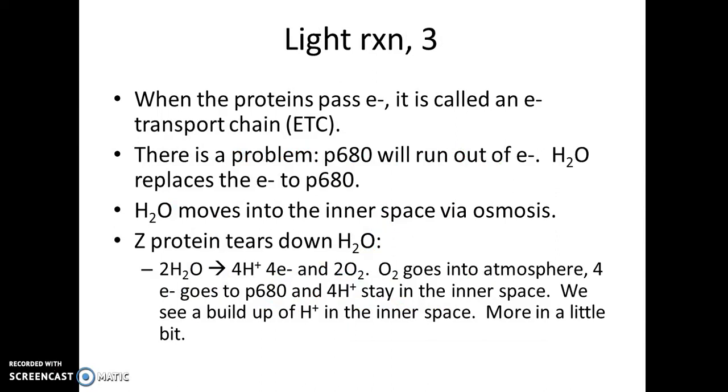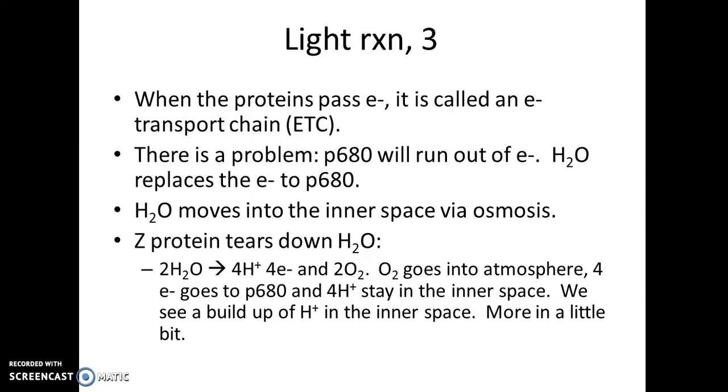Now there's a problem in that the P680 will eventually run out of electrons. Oh no! There has to be a system to replace the electrons lost by the excitement of P680. And there is. Water moves into the inner space through osmosis, and there is a protein, and that protein has a really complicated name.